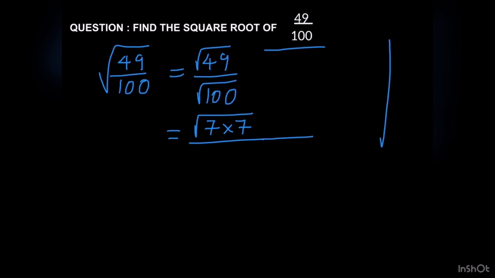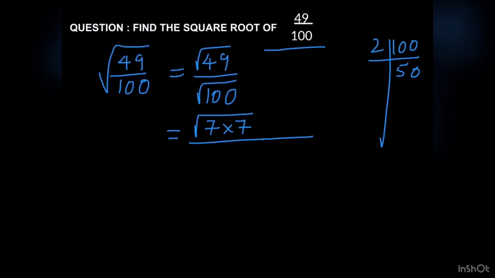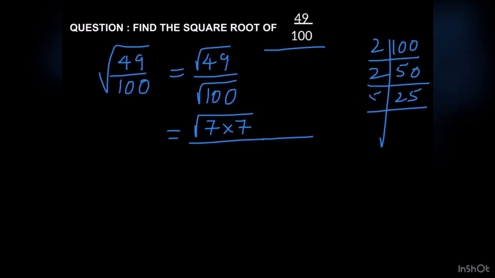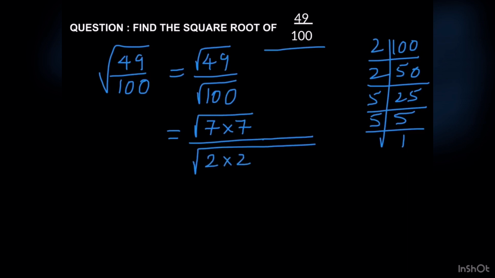Now 100 we can use prime factorization here. 2 times 50 gives 100. 2 times 25 gives 50. 5 times 5 gives 25. 5 times 1 gives 5. So we can write square root of 100. Now 100 we can write it as 2 times 2 times 5 times 5 using these factors.